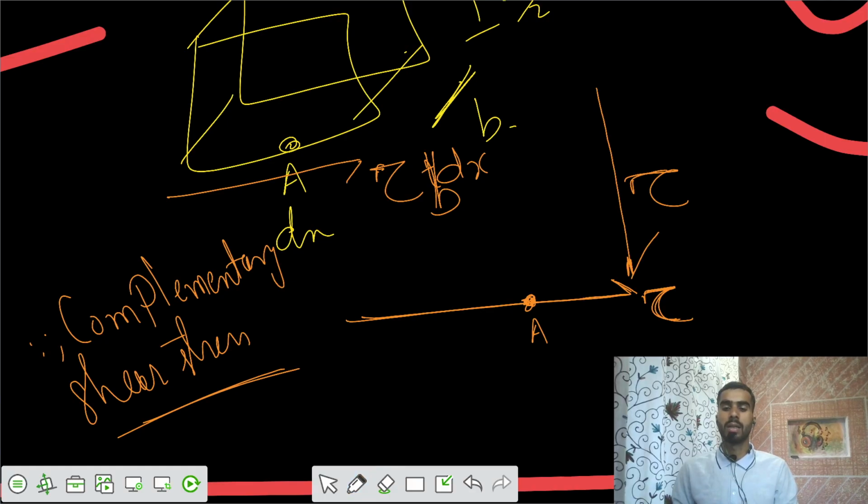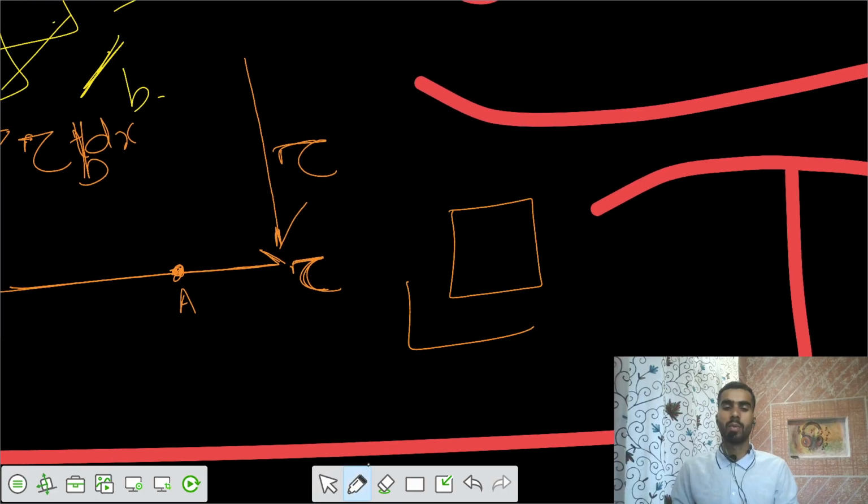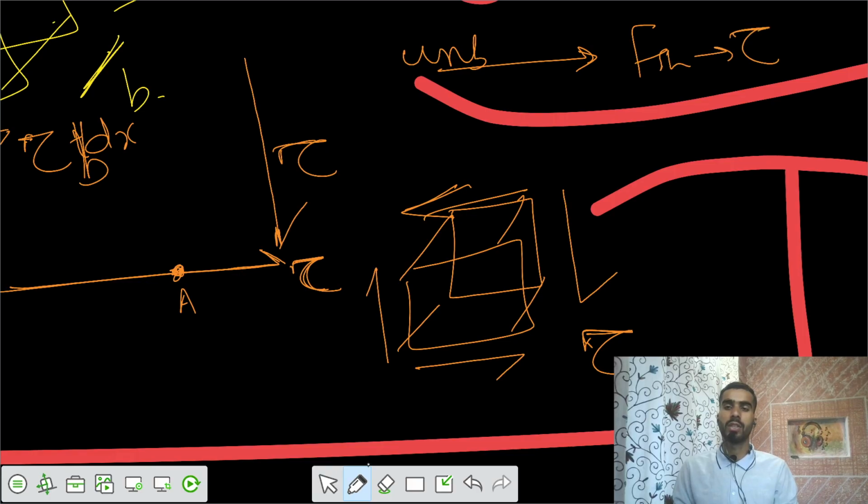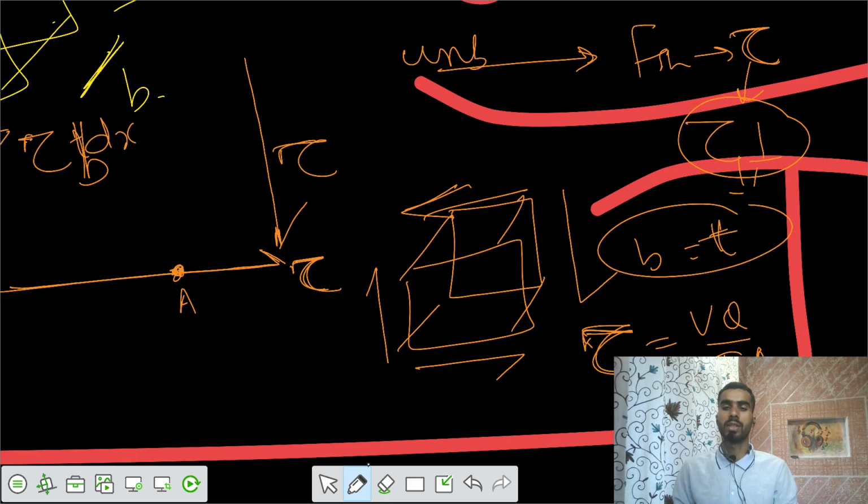If you want to represent the state of stress on that cuboid element, there is shear stress tau acting on both. Because of the unbalanced horizontal shear force, you got some shear force, and from that you got shear stress tau, and based on that you got shear stress in the perpendicular direction also because of complementary shear stresses. So shear stress tau equals VQ by IB. We can also write it as IT, where t is the thickness of the section.